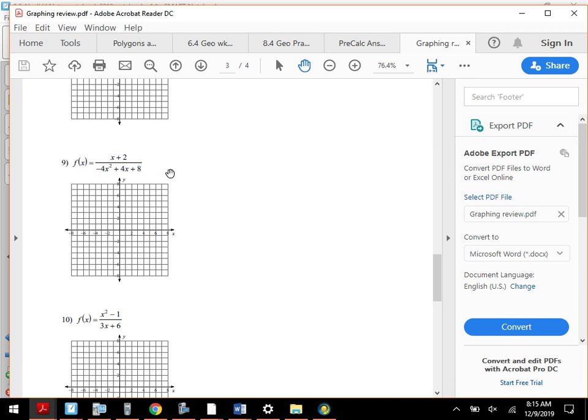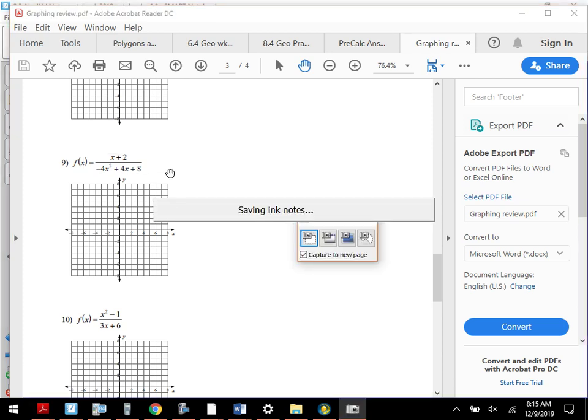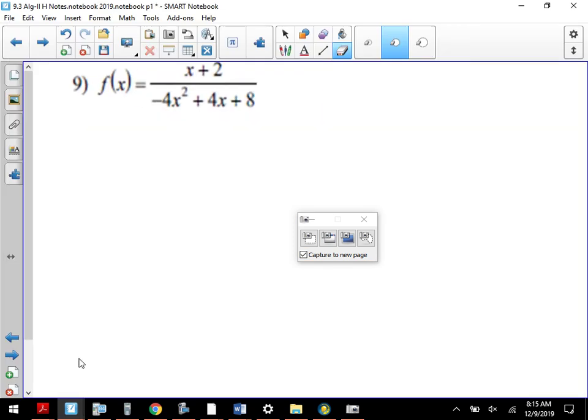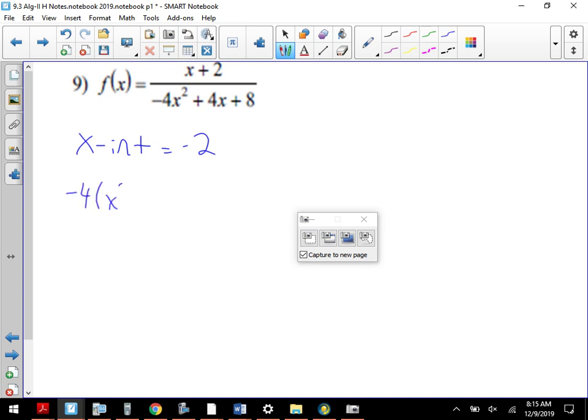So let's see. X-intercept at -2. And then in the denominator, first thing we do is factor out the -4, and then that gives me x minus 2, x plus 1.